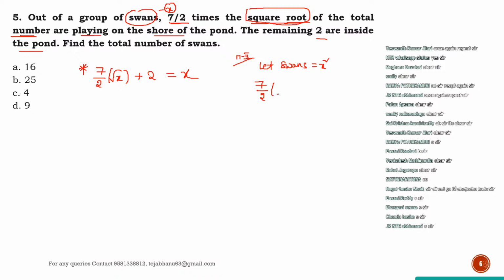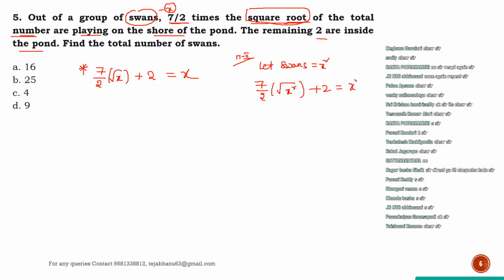7/2 of root x square plus 2 is equal to x square. Okay, I hope it's clear. Now have a look. The square root cancels, and now we'll get x square.